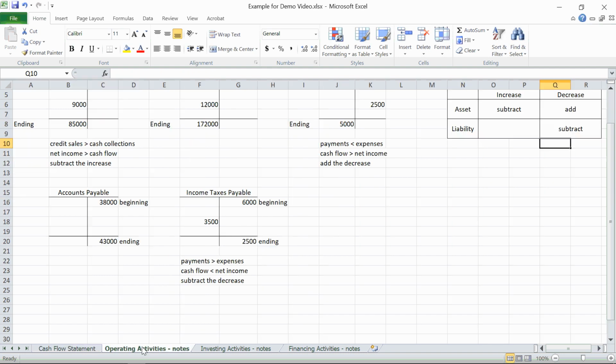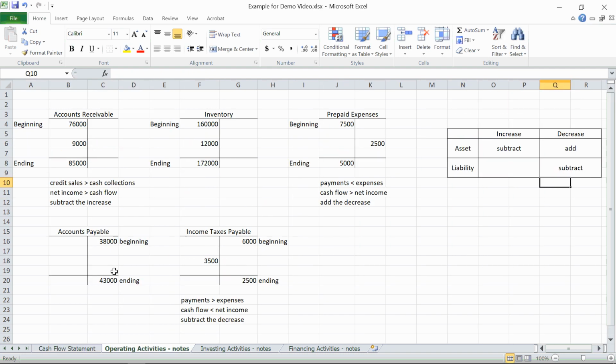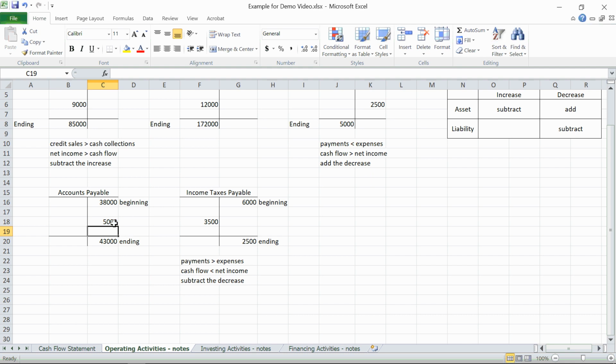And finally, I have one more current liability, which is our accounts payable, which increased by $5,000. So we have to go under the assumption that payments happen over here, and whatever gets credited over here is eventually turning into an expense anyway.